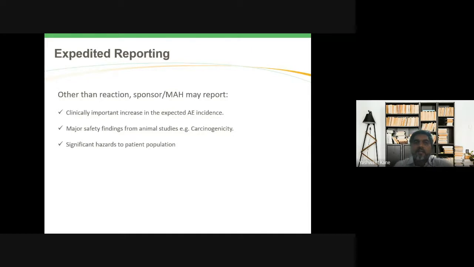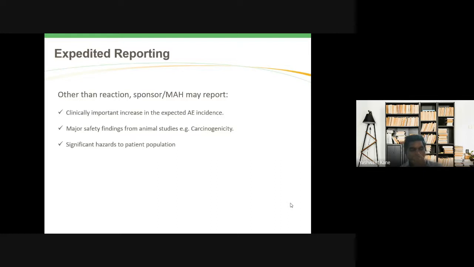Expedited reporting. Other than individual reactions, the sponsor or MAH may report a clinically important increase in the expected AE incidence, major safety findings from animal studies or carcinogenicity, and significant hazard to a patient population. Sometimes there is a clinically important AE where the frequency changes.